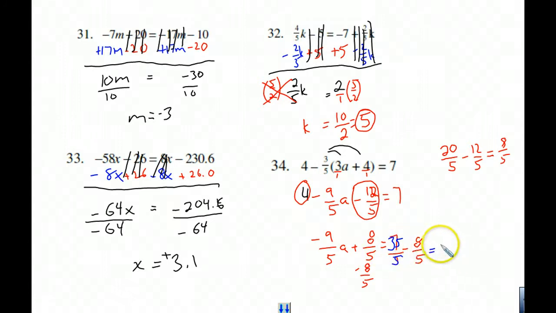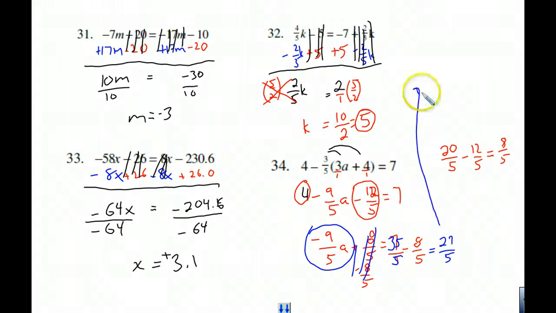So 35 minus 8 is going to equal 27 over 5. Okay. So what I just did is a little arithmetic. I need to rewrite this part though. So let's go up here, we got some space. We have negative 9/5 a equals 27/5.